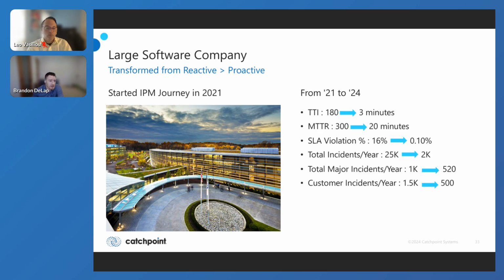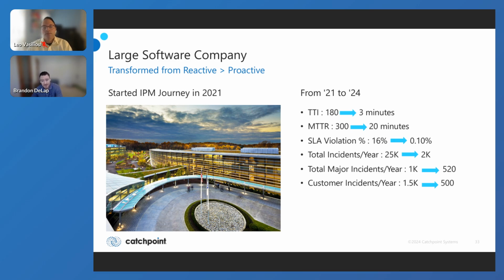Where I'm going to start here is with Company A, a large software company leveraging end-to-end internet performance monitoring to ensure exceptional customer experience for over 3,500 retailers. Well, they started their journey in 2021, and since then, they've transformed from reactive to proactive. In 2021, when they were coming from a reactive state, they were relying on traditional APM only.